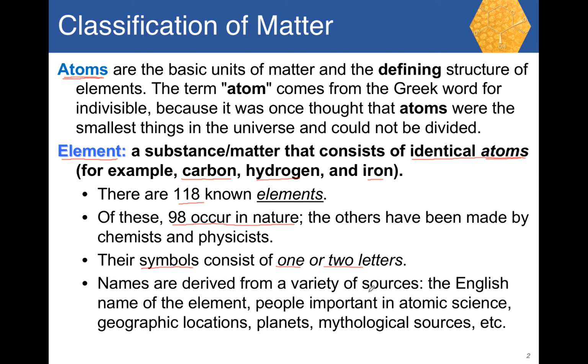And the names are typically derived from various places or people or, as we've seen here, from planets. So the basic take-home lesson from this slide is a definition of atom, smallest component. The definition of element. Element consists of identical atoms.